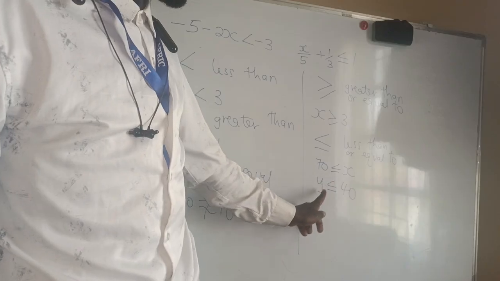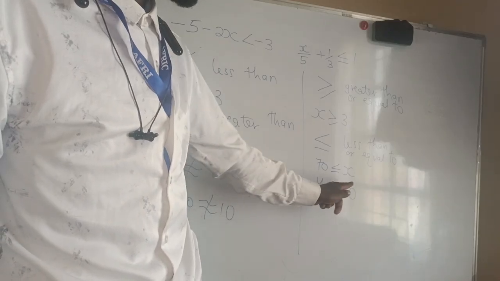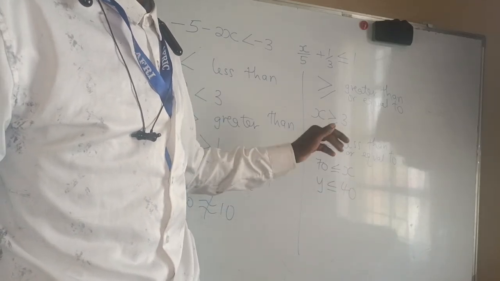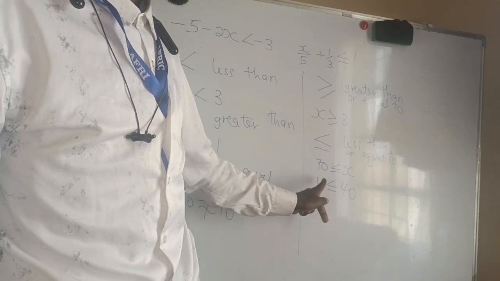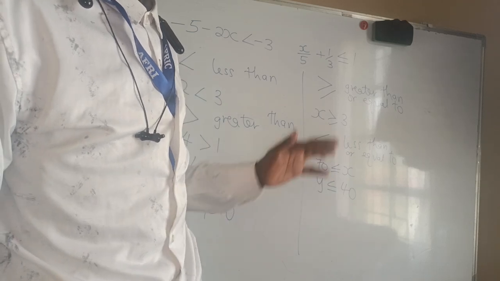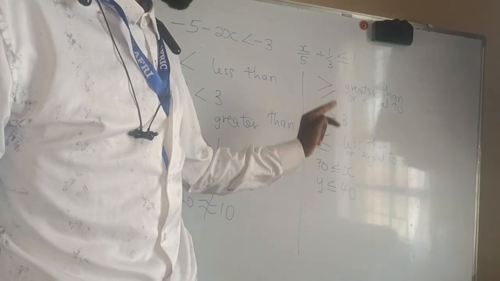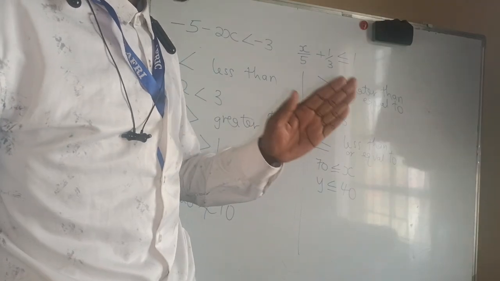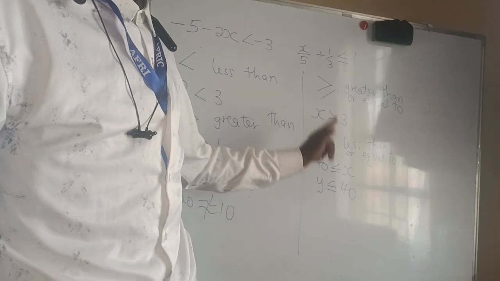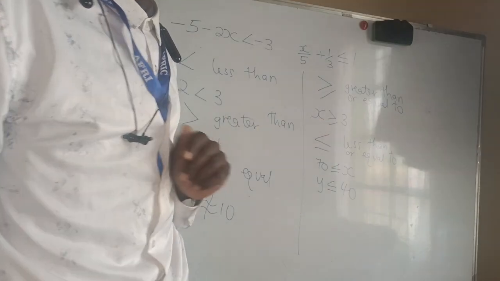So I can either have 40 as the value of y, being equal to 40, or I have the value of y as 39, because 39 is less than 40. Any value of y that satisfies this inequality should be either 40 or less than 40.